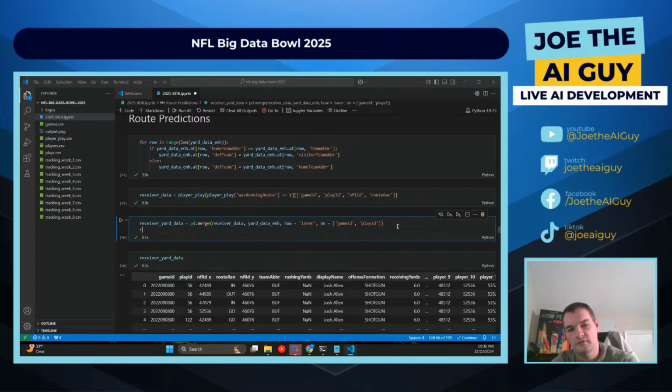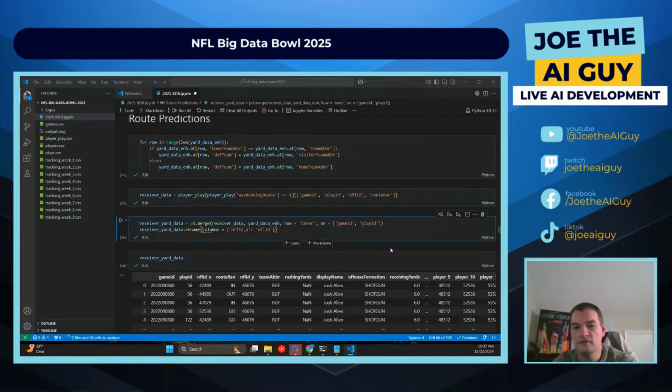So then receiver yard data dot rename. We want the NFL ID underscore X to just be NFL ID.